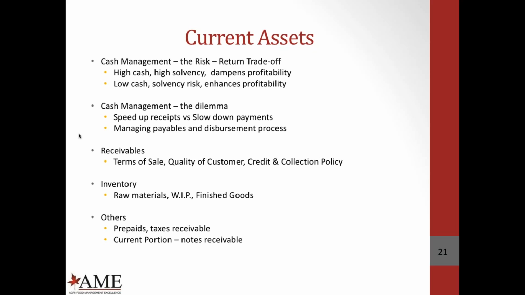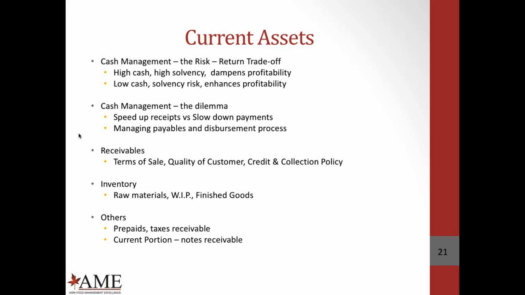So receivables, same thing, terms of sale, being aware in terms of the quality of the customer, credit and collection. Typically in grain sales, I can speak from our experience, with the big elevators, you're not typically concerned, but when you're selling barley to feedlots, you really do want to make sure you have an awareness of who that company is in terms of getting paid.